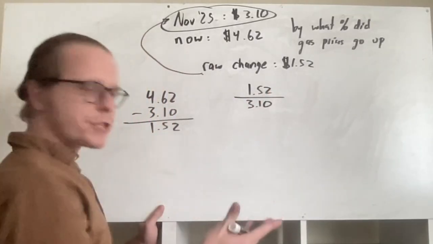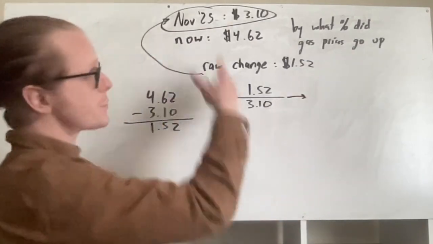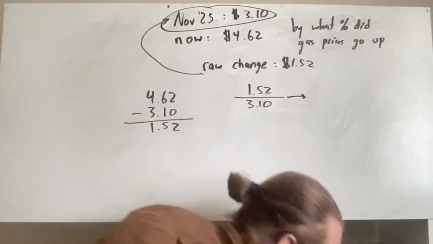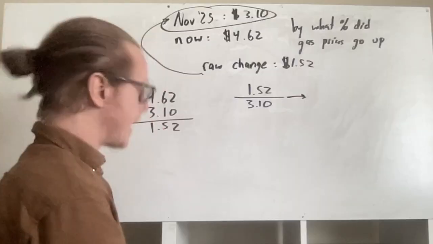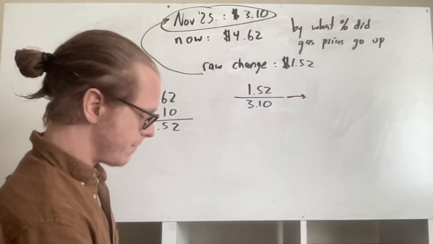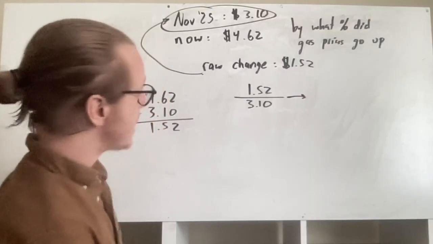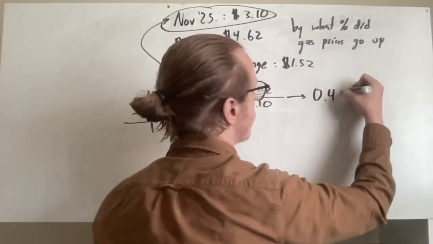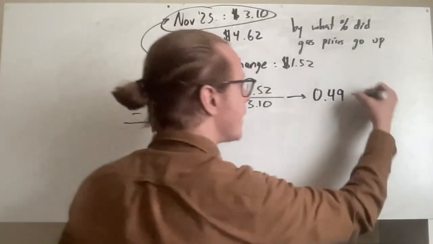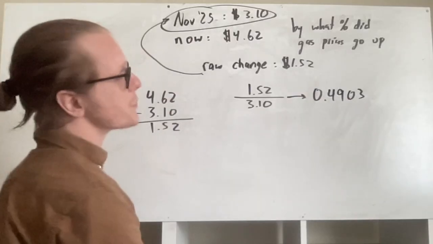We could set up a proportion, but honestly, in this case, if they're asking us to do a problem like this, we'll definitely have a calculator. The easiest thing to do would be to pull out your calculator and just do 1.52 divided by 3.10, and you get 0.4903. Let's go to 4 decimal places, and we'll see why in a second.